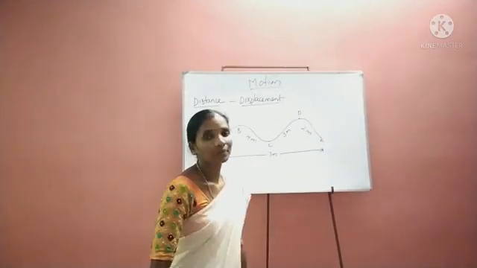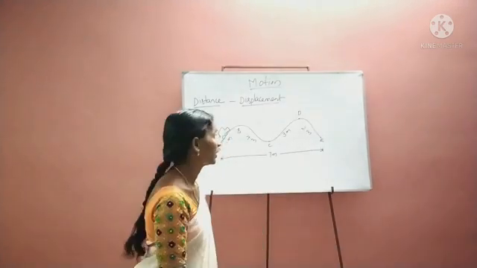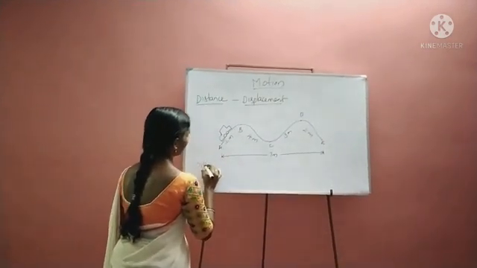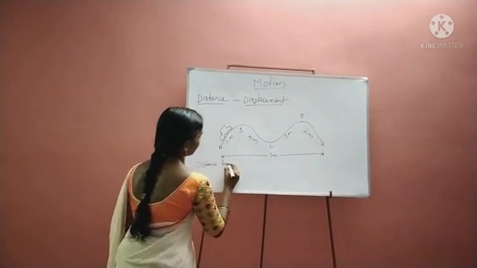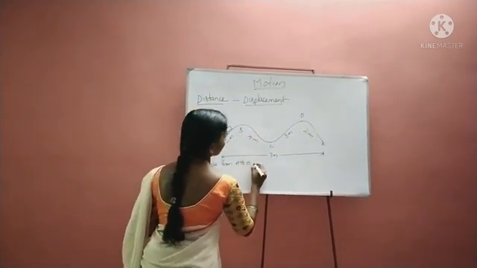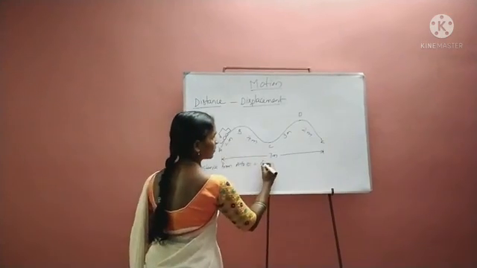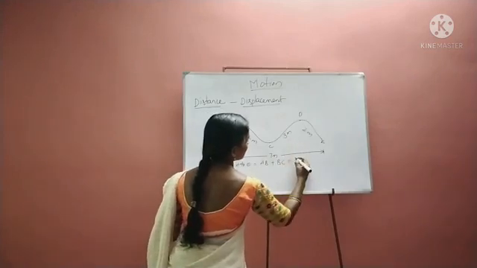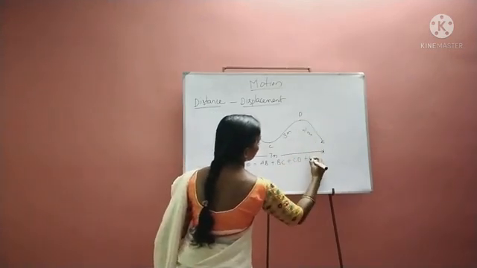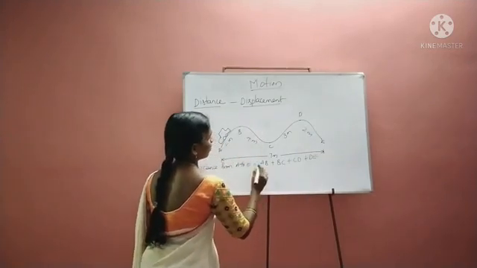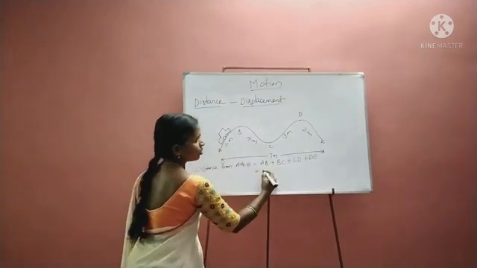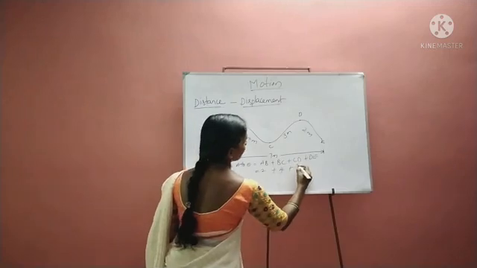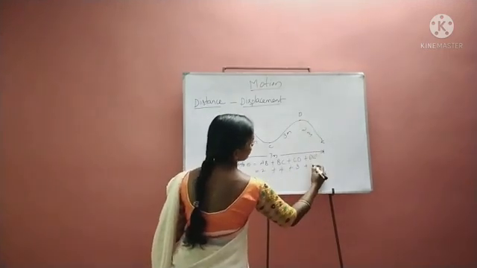What is the distance travelled by the car? Distance from A to E is equal to AB plus BC plus CD plus DE. So AB length is 2 meters, plus BC is 4 meters, CD is 3 meters, DE is 2 meters.